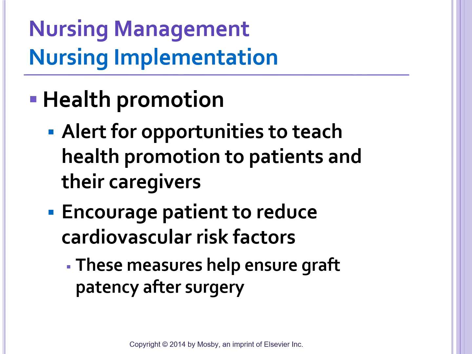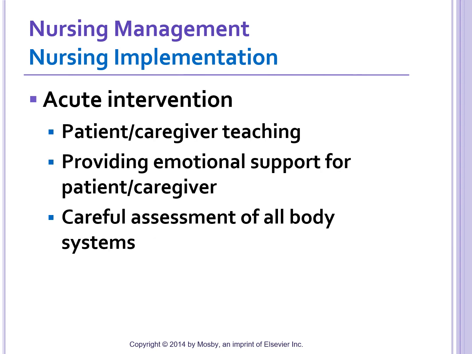For any times that now we need interventions for aneurysm repair, there's a lot of different things to consider. We'll go through each of the body systems that the surgery can potentially affect, but really providing emotional support for patients and caregivers, because it's very scary to have aneurysm repair.